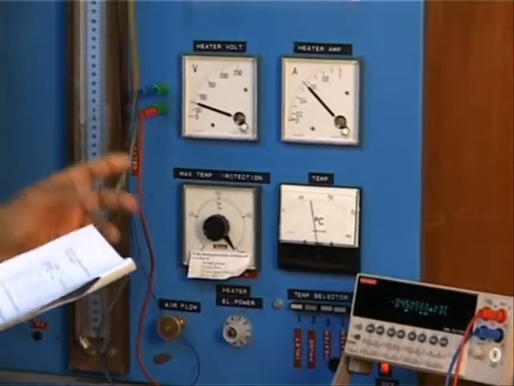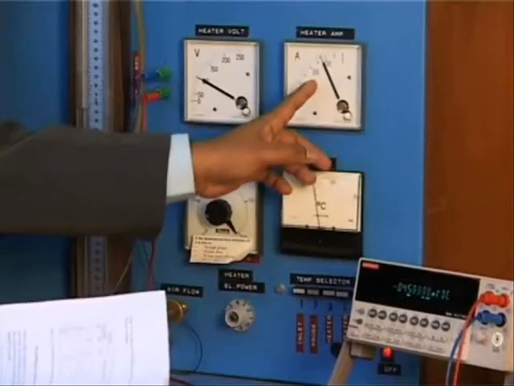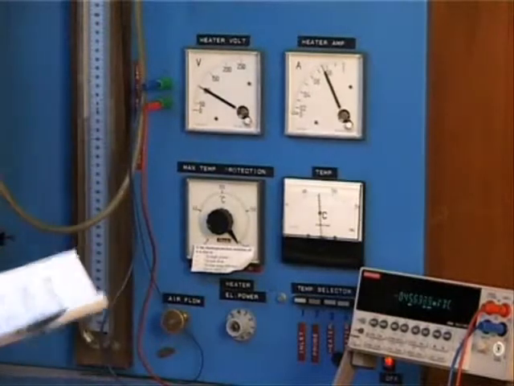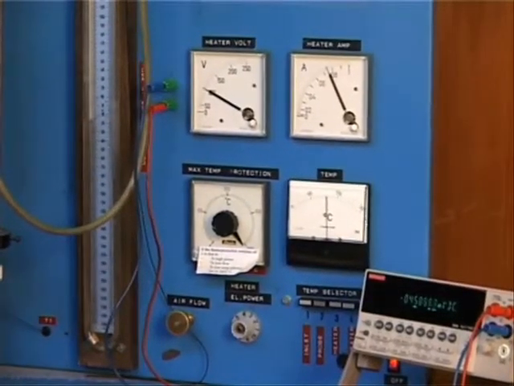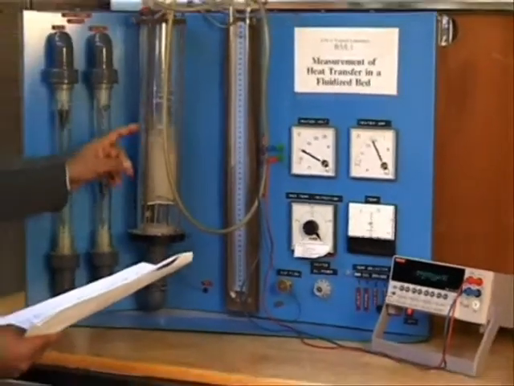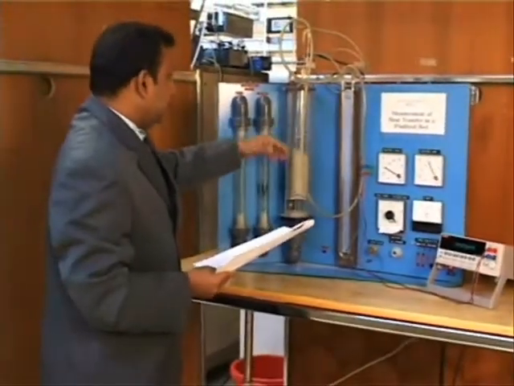If you are at this wrong condition, you will see these indicators going on and off, on and off. That means you are not at equilibrium between the heat released by the heater and the heat taken away by the flow.